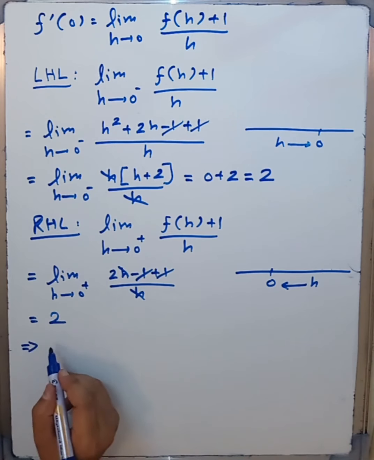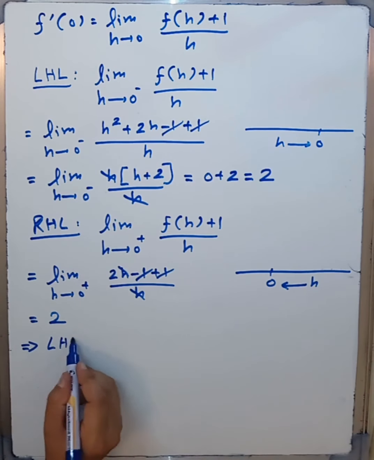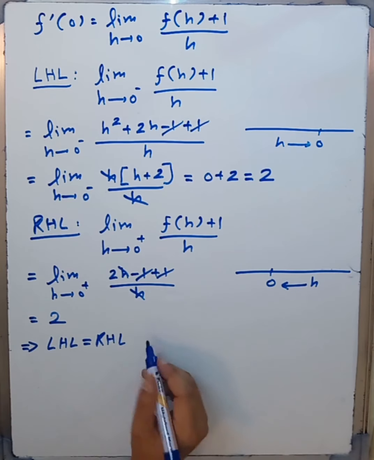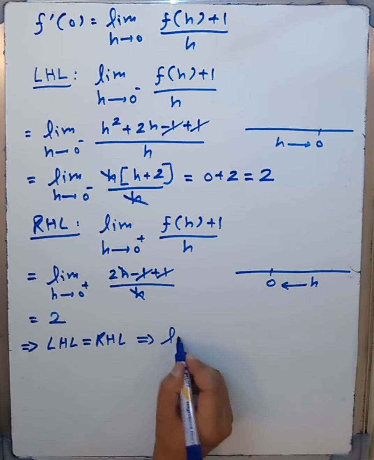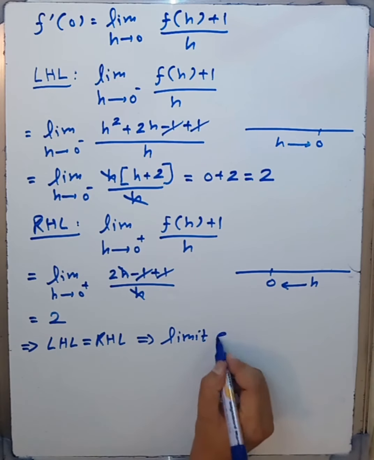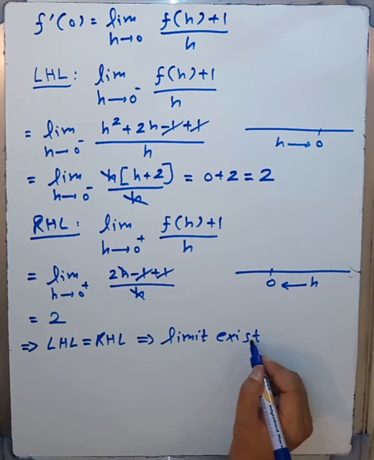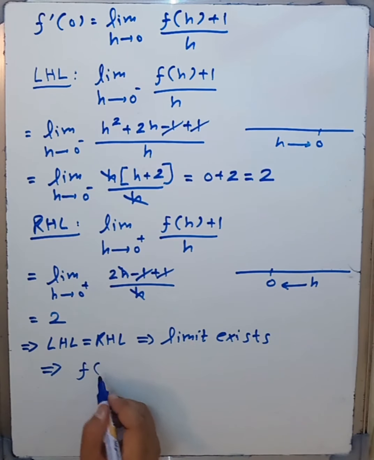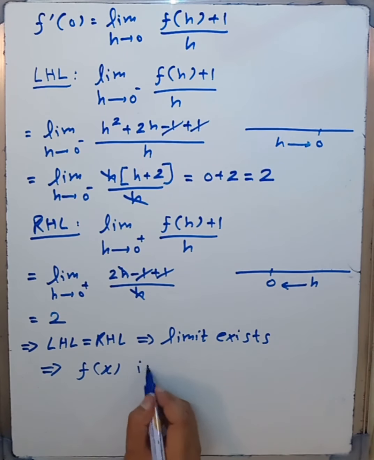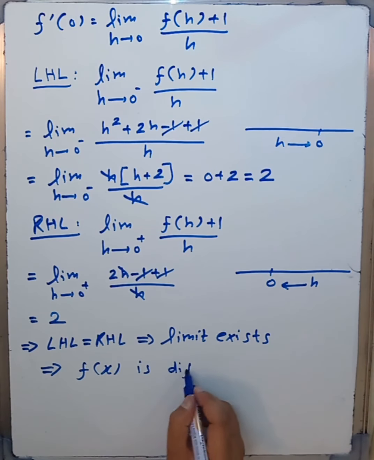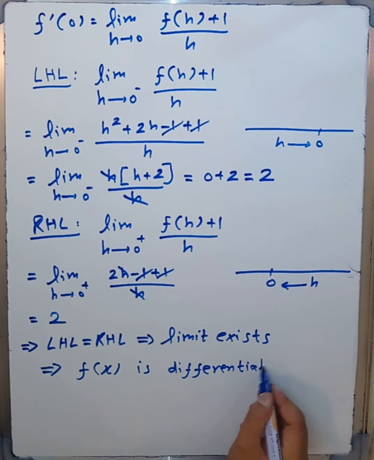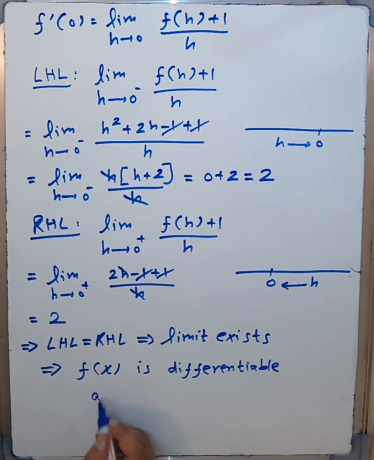This gives us that the left hand limit is equal to the right hand limit. This means that the limit exists, and because the limit exists, we can say that the function f(x) is differentiable at x equal to 0.